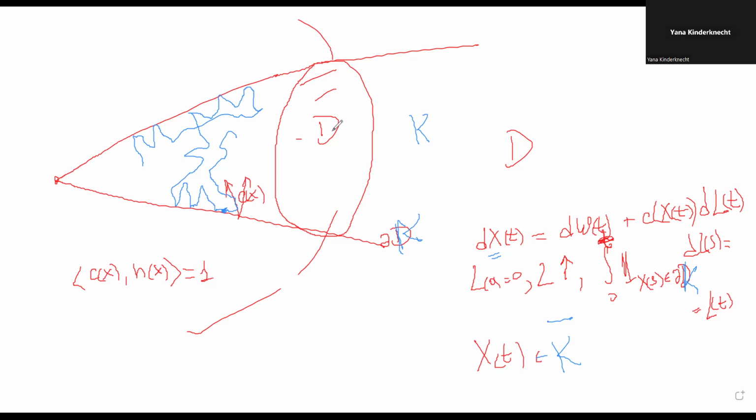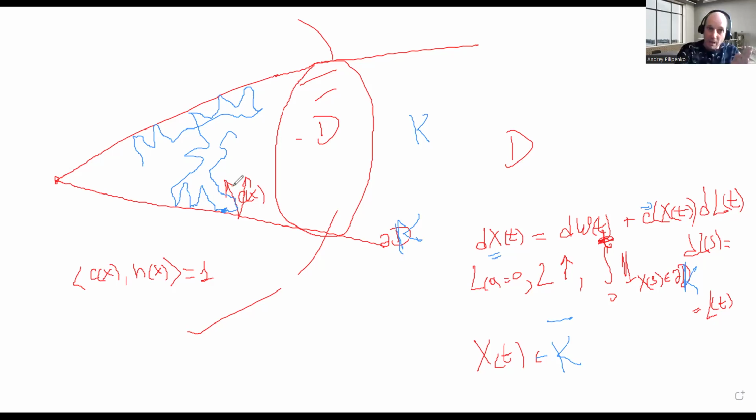I have another question. You said dL_t is a non-decreasing process, but in which sense, because we have a multi-dimensional picture? No, L is one-dimensional. C is a vector field. It points inside this cone.